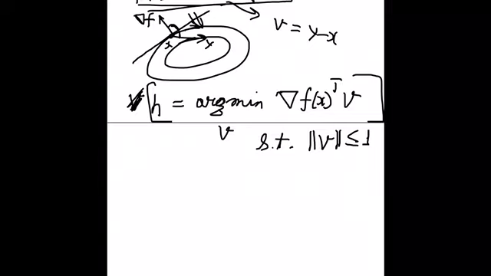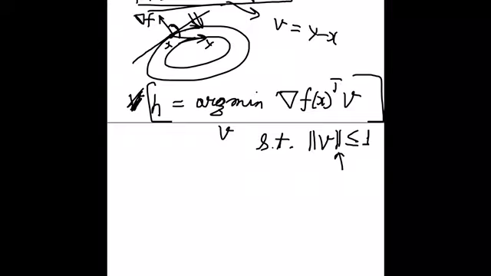Now this norm can be any norm. It can be a quadratic norm, L1 norm, infinity norm, like that. So for different norms, we get different directions for steepest descent. We saw this in the last Wednesday class.